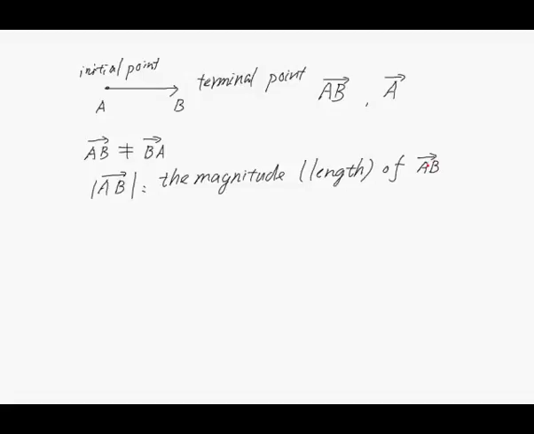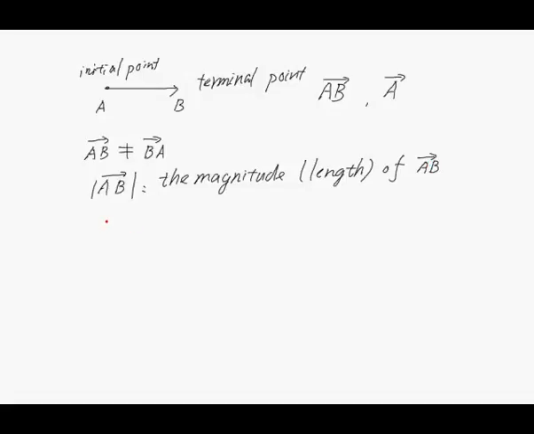And two vectors are equal to each other if and only if they have the same length, same magnitude, and the same direction.